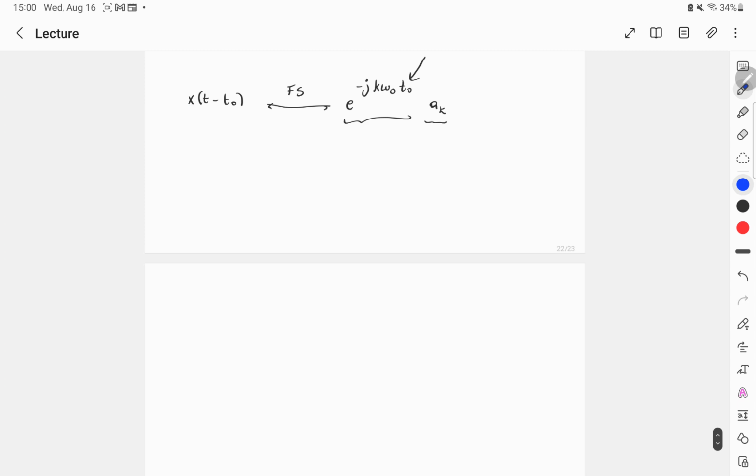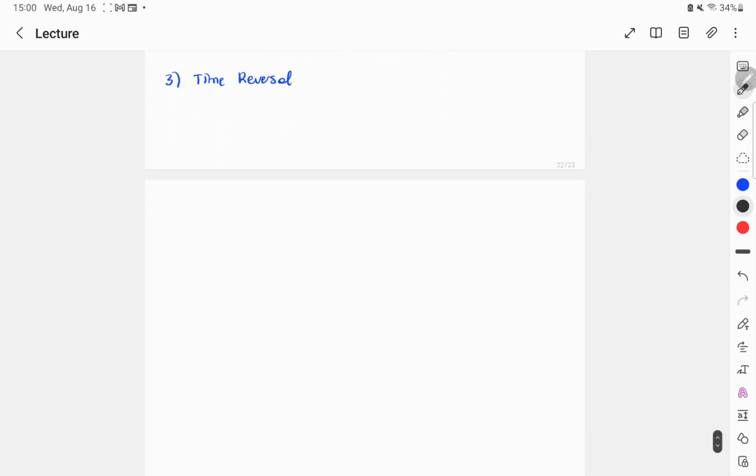next property, which is the third one, time reversal. So here we already know that the signal can be shown as this. We know this from the previous lesson.